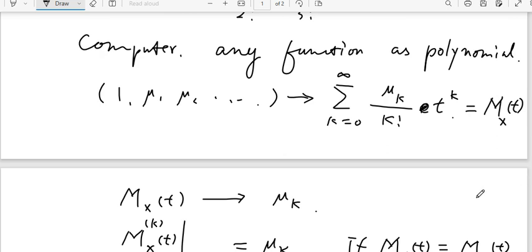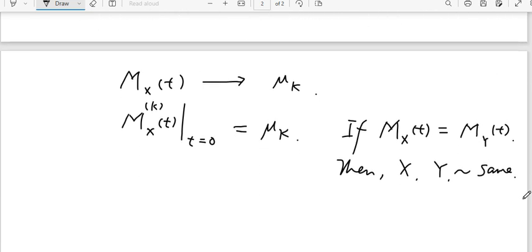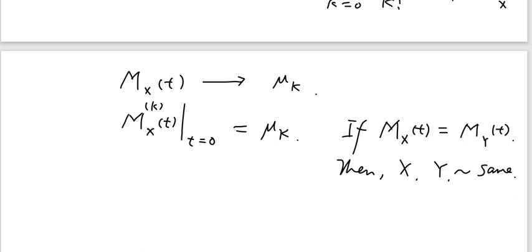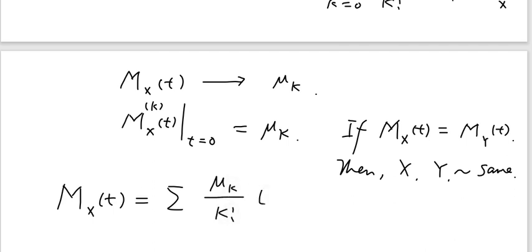So here, we find this moment generating function. At first, we say moment generating function equals summation of mu k over k factorial t^k.